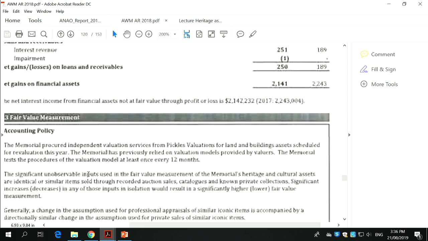The significant unobservable inputs used in the fair value measurements of memorials, heritage, and cultural assets are identical or similar items sold through recorded auction sales. So some of the values they get from auction sales, catalogs, and non-private collections. So this is the way that they get the value for the war memorial items.